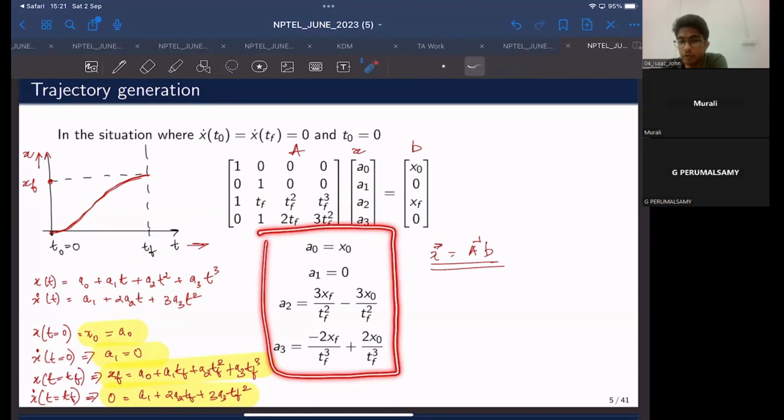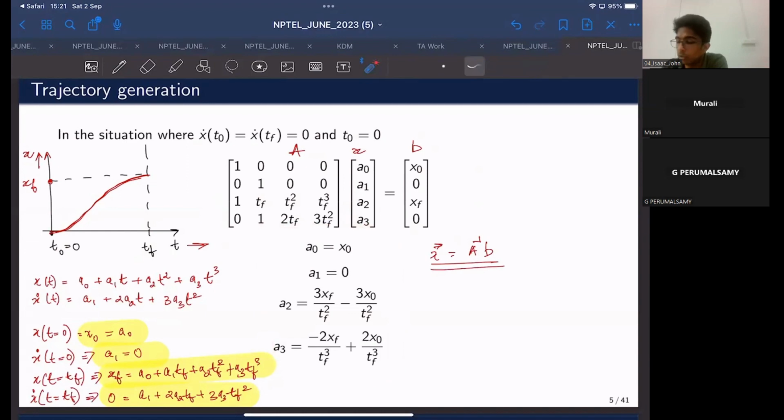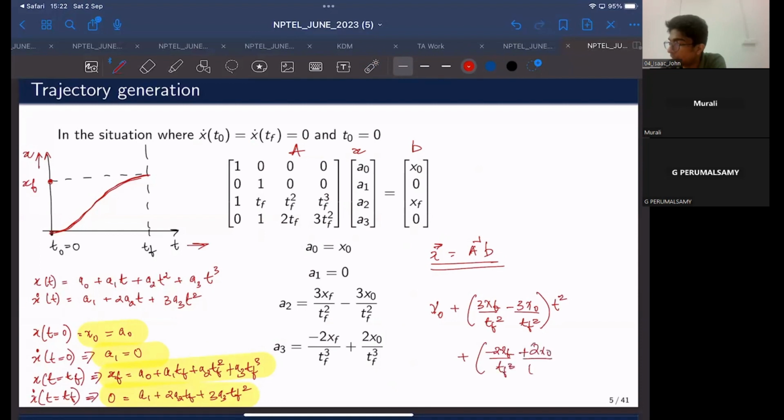If you solve this equation, take this A inverse and multiply it with B, you will get these coefficients. So your final trajectory would look something like this: x0 plus a1 is 0, plus a2 is 3xf by tf square minus 3x0 by tf square times t square, plus minus 2xf by tf cube plus 2x0 by tf cube multiplied by t cube.